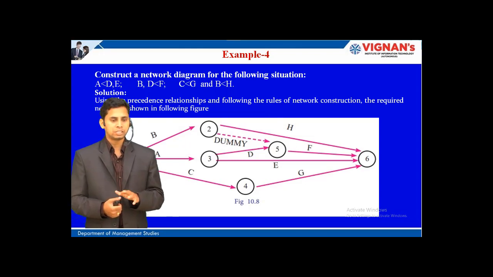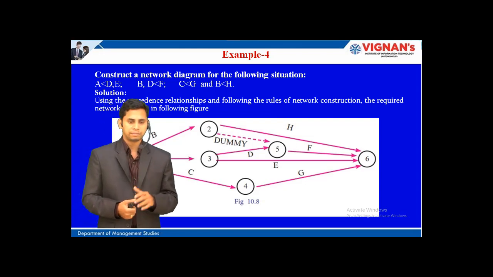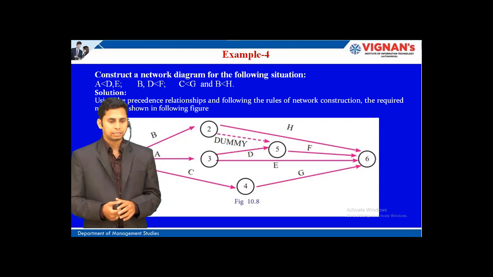But for H, B must be the predecessor. So B < H, in the sense that for H, B must be the predecessor. Before H, we must ensure that there is a B. Yes, we have ensured that. And then for D, what is required? Before D, A must be ensured. And for E, what is required again?